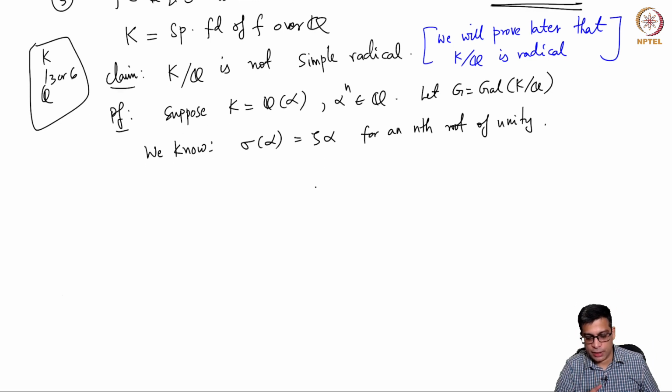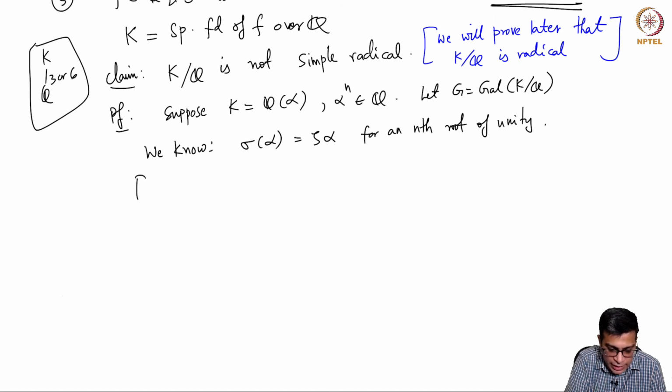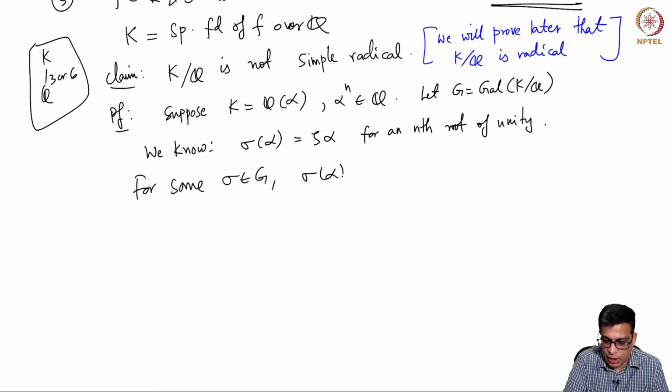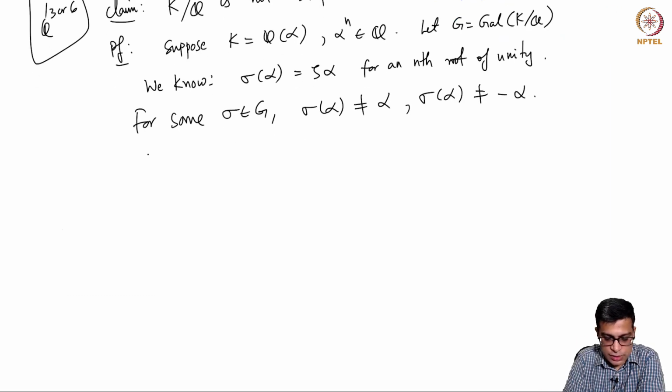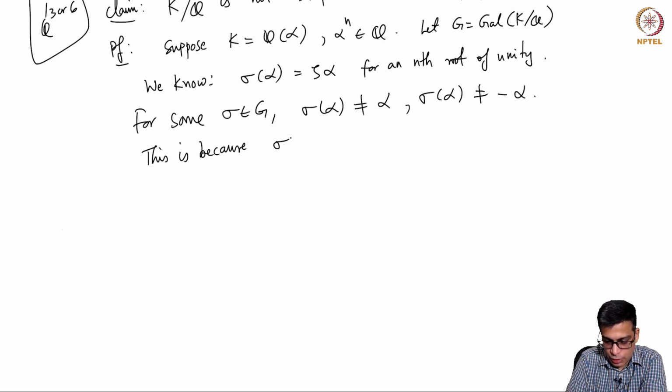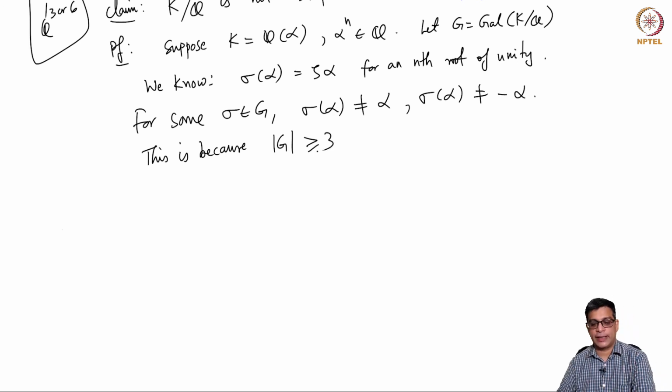I claim that for at least one, so this is the point that I sort of messed up earlier, but what I want to say is that for some sigma in G, sigma alpha is not alpha and not minus alpha. Why is this? Because the order of G is at least 3.